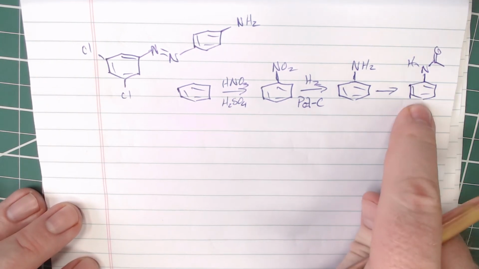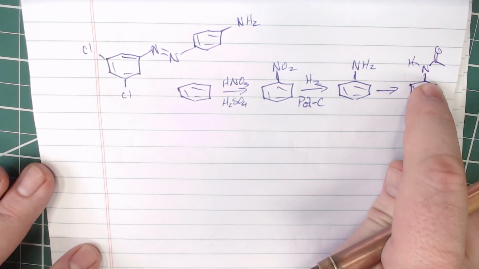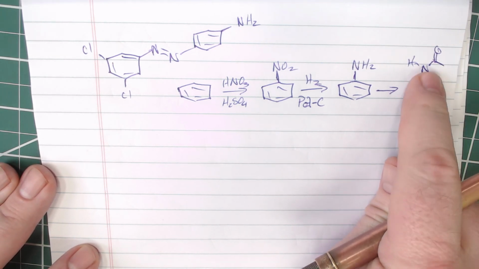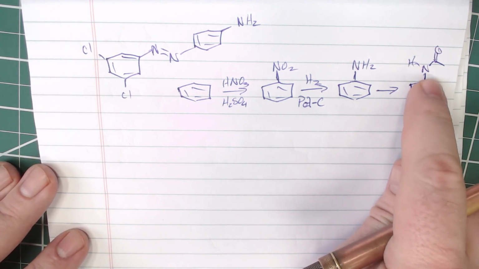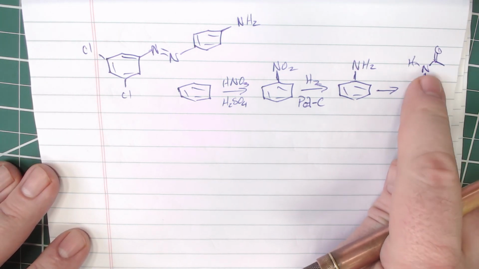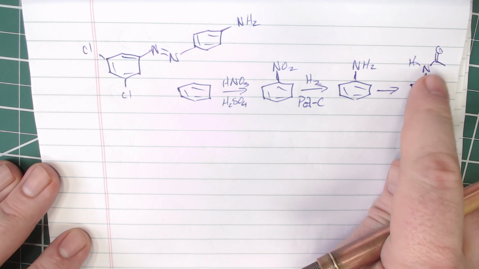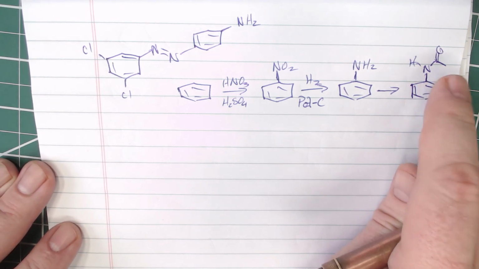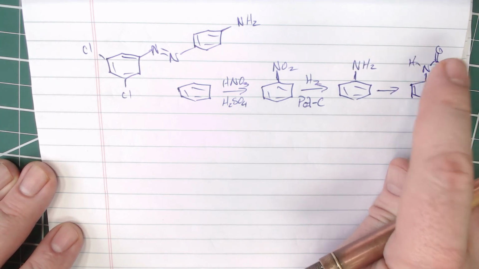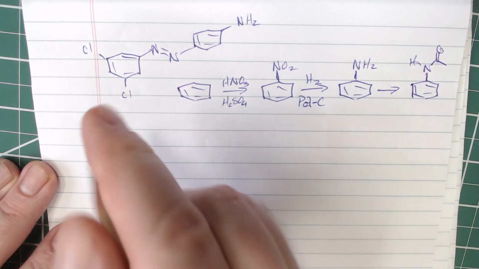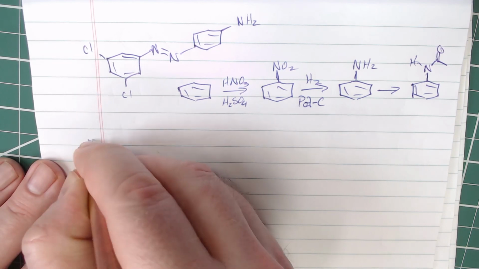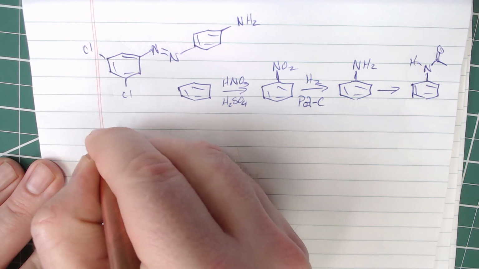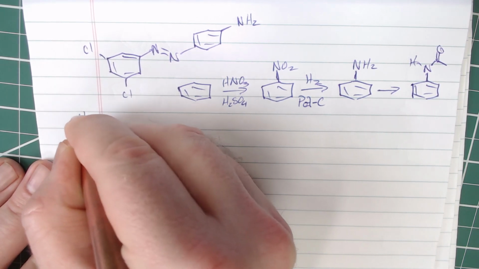The reason we did that is because we want to protect this, because we're going to do a nitration next that has strong acid conditions, and we're also going to do some other reactions that would potentially damage this. So let's go ahead and rewrite that, which is our acetanilide.